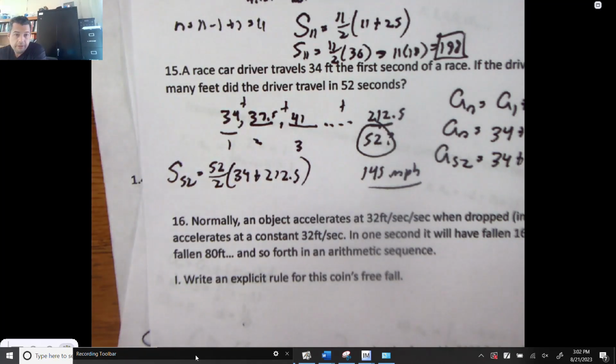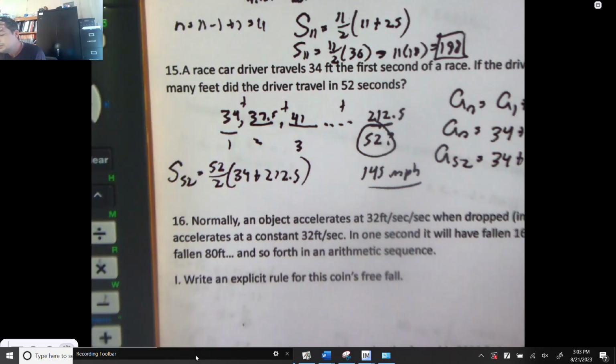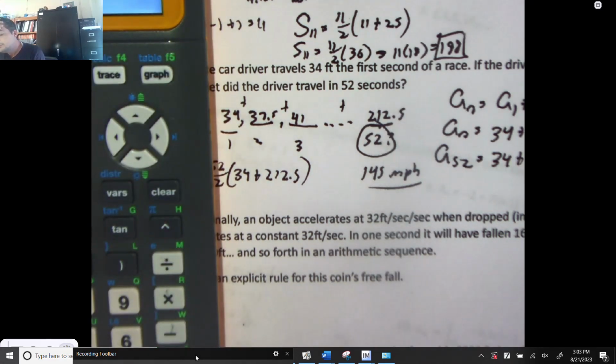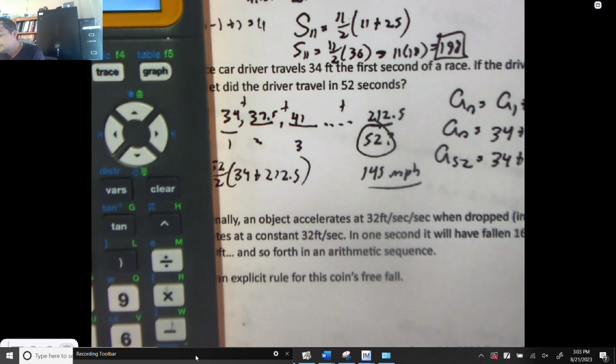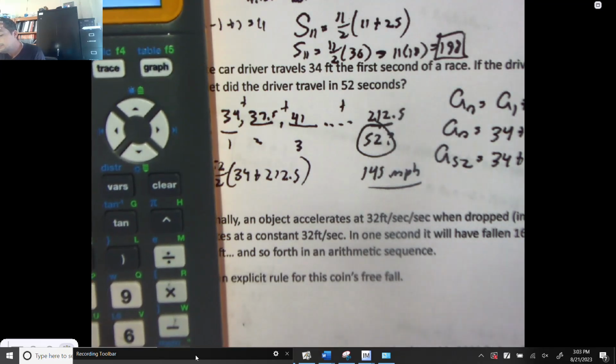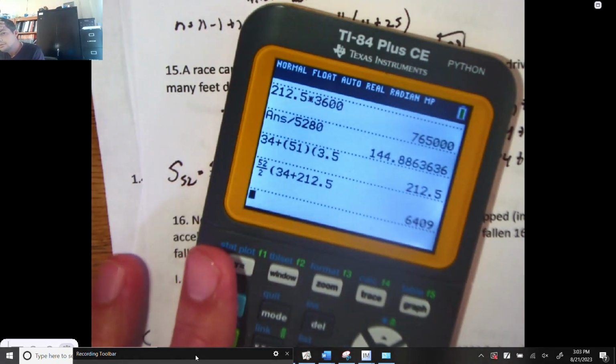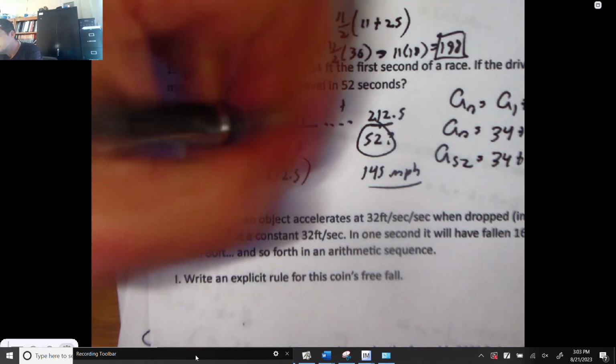And that's what we're going to figure out. Now, the bell has rung. It's after hours. I'm going to cheat. Let's see, math, num, n over d, 52 over 2. Parentheses, because I'm tired, 34 plus 212.5. 6,409 feet.